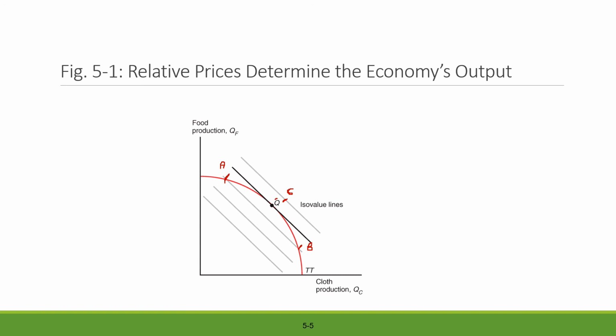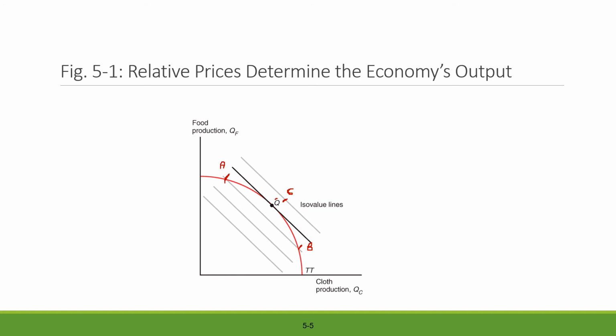That is outside our production possibility frontier, outside our production capability. So the only point that we can produce and has maximum value is point Q. All other points will have lesser value.